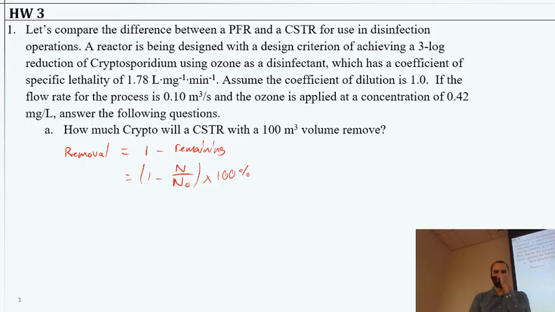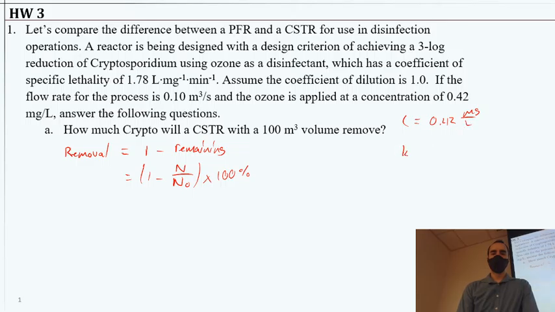Now to get there, it's a disinfection system, so we're expecting first order kinetics. We've got our concentration C, 0.42 milligrams per liter.